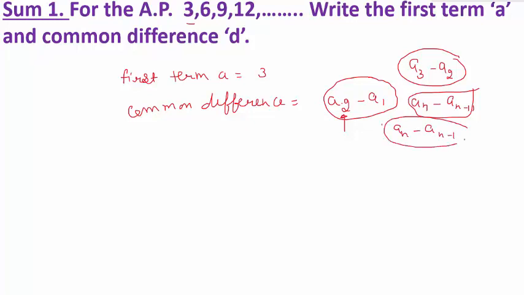This will be the formula. Now here common difference D will be 9 minus 6, that is 3, or you can also find 6 minus 3, that is also 3. So common difference is 3 and first term is also 3.